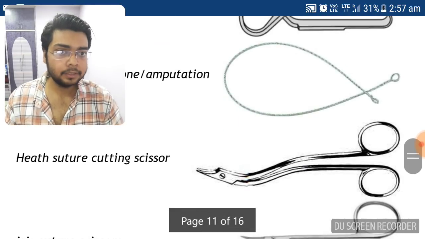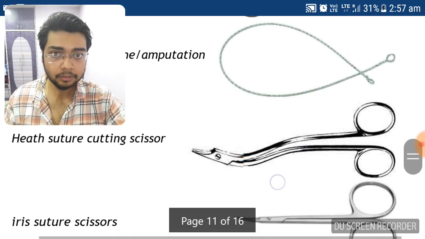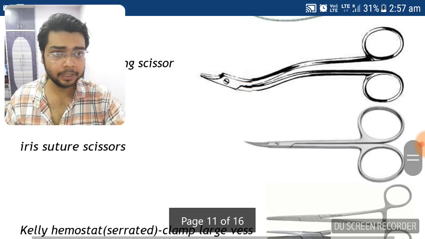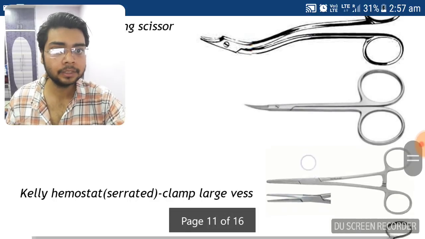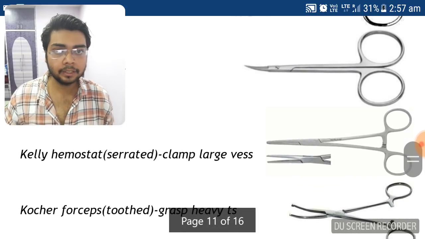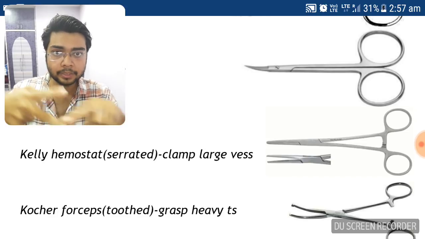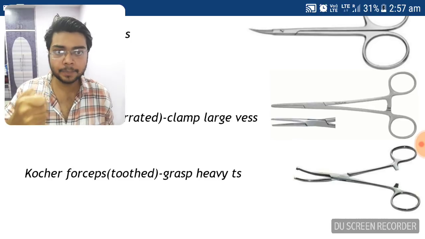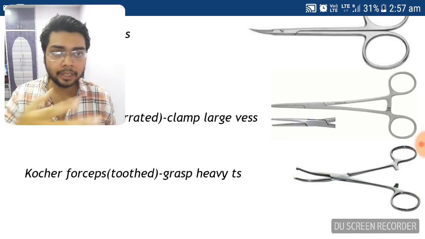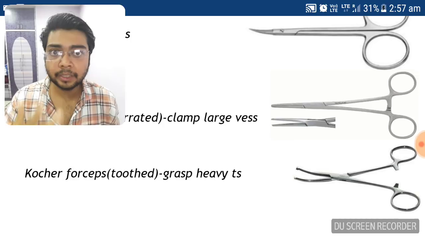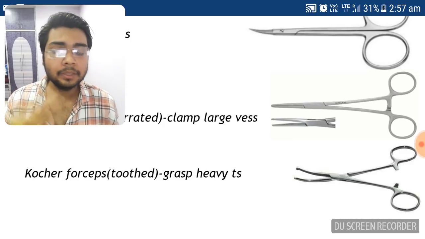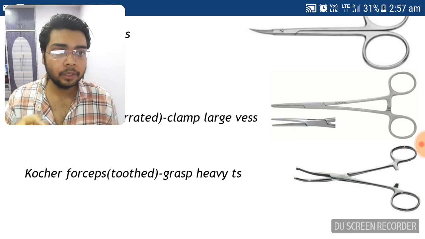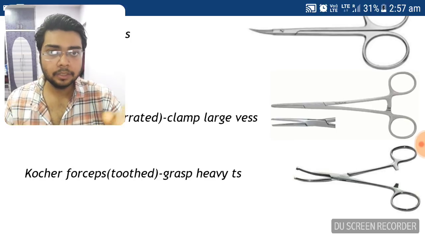Now this is just a cutting scissor, suture cutting, iris scissors. Kelly's hemostatic forceps to clamp large vessels. Kocher's forceps, it is quite strong, grabs heavy tissues, toothed. If I give you an example, in hemithyroidectomy, you clamp the remaining part of the thyroid tissue with this and just suture it.